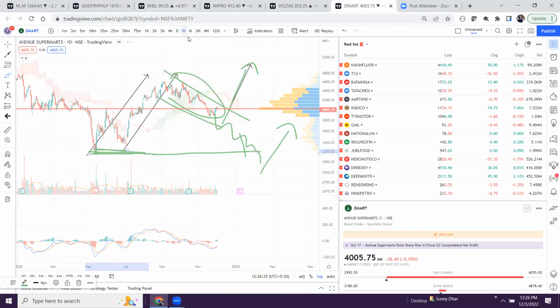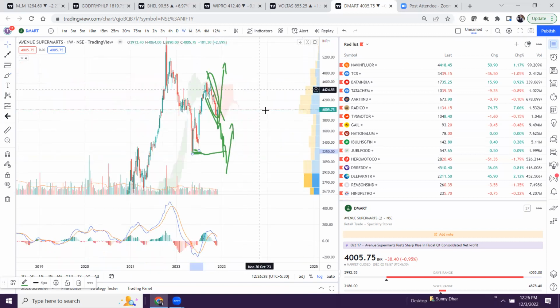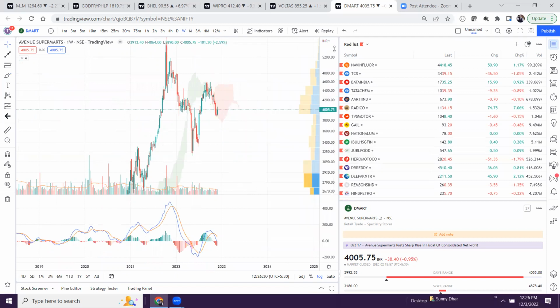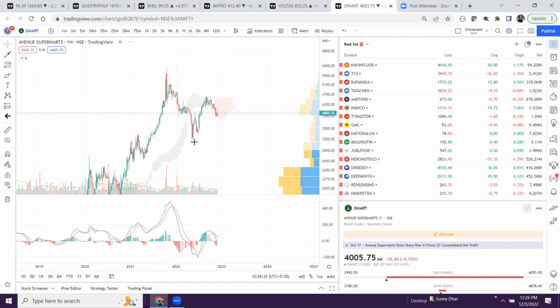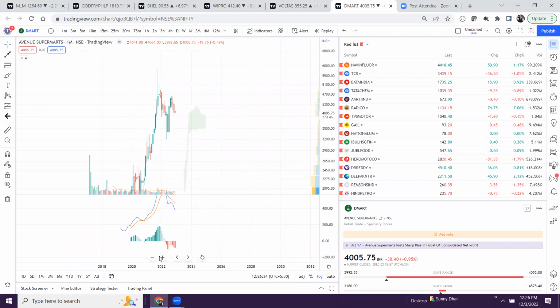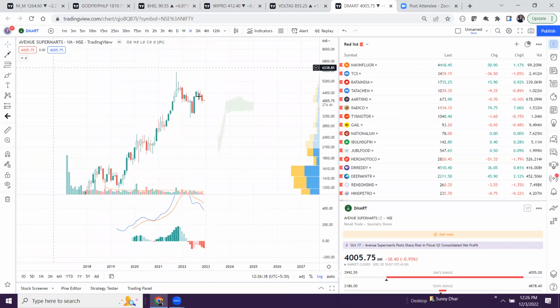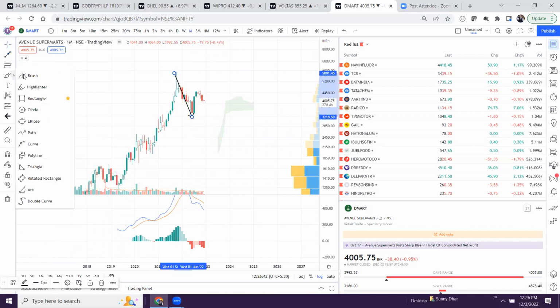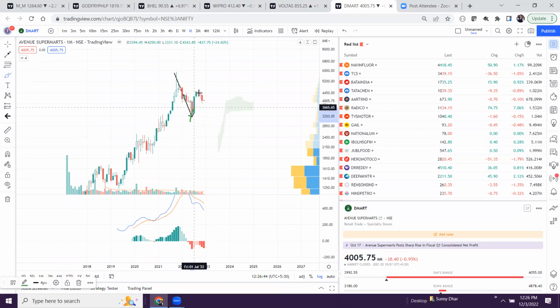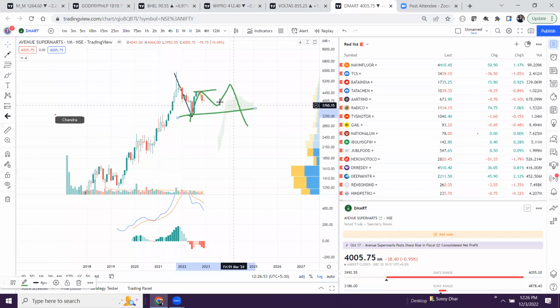We have to see what is happening on a weekly chart, or for that instance a monthly chart, because we have to see the longer picture also. Now we know that this is an impulse, so we will probably get a three-wave up move and then again a down move to complete the structure. Or there are other possibilities also.